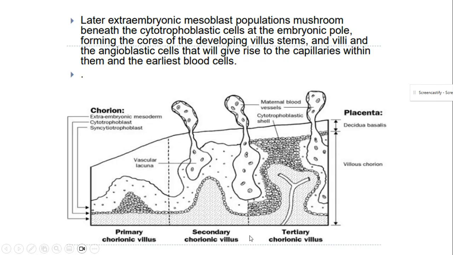This part is secondary. This is tertiary. This is villous chorion. This is decidua basalis. These are maternal blood cells. Cytotrophoblastic shell, chorion. This here is extra embryonic mesoderm. This here is cytotrophoblast. And this here is syncytiotrophoblast, right?